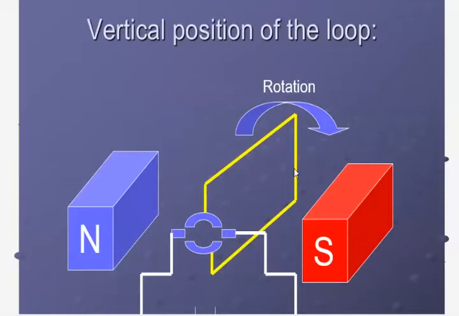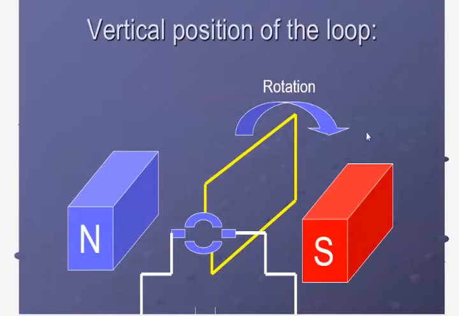Now try to understand. In this case, for the magnetic force acting on this arm, place your middle finger along this length and your forefinger in the direction from north to south. Then you will see that your thumb will be pointed outwards in this direction.